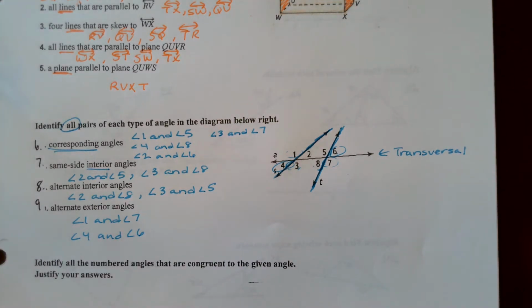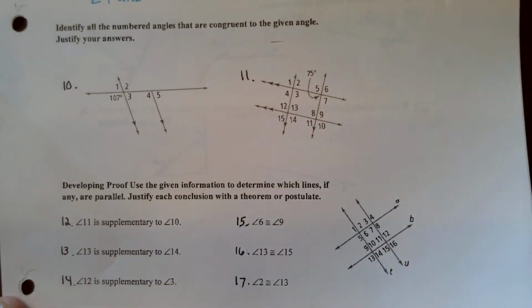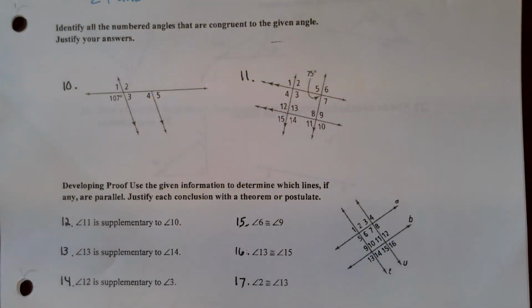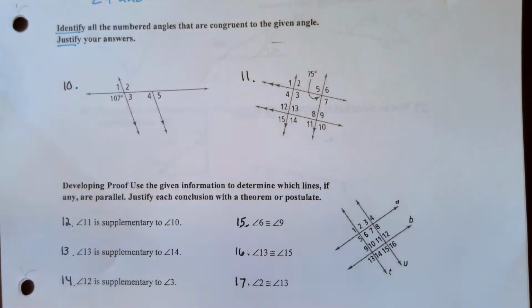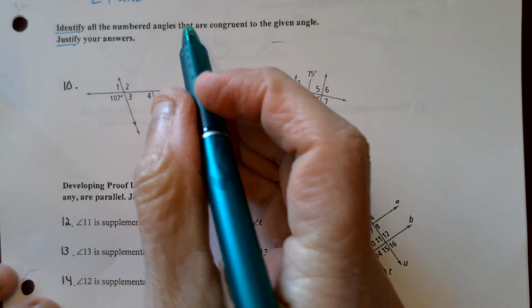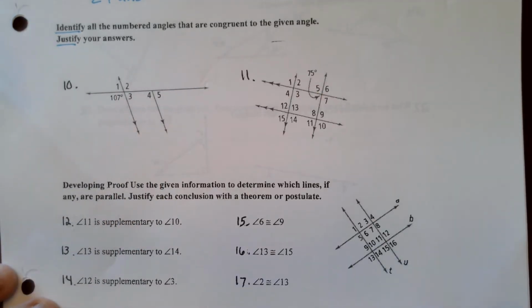Now, sliding down. Identify all the numbered angles that are congruent to the given angle and justify. Two parts, identify, justify. So, identify all numbered angles that are congruent to the given angle.